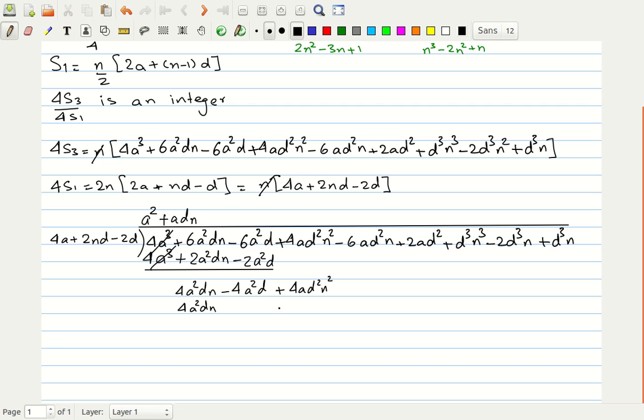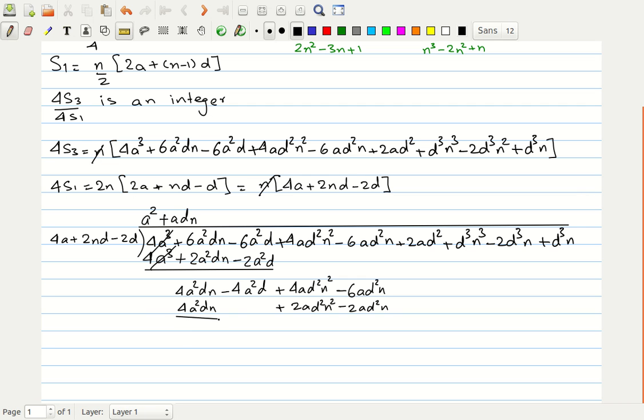We get plus 2a d square n square, and if I multiply this, I get a d square n, which is over here. So this is minus 6a d square n, and I get minus 2a d square n, right?